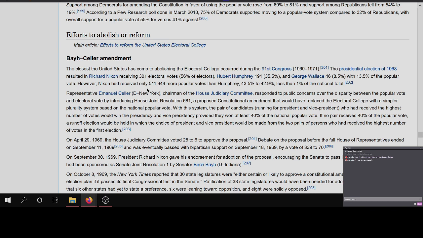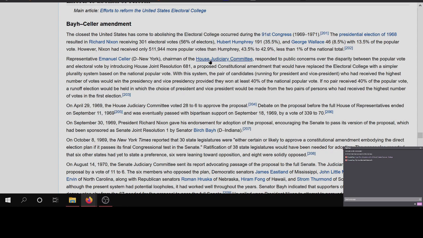However, Nixon had received only 511,944 more popular votes than Humphrey, 43.5% to 42.9%, less than 1% of the national total.